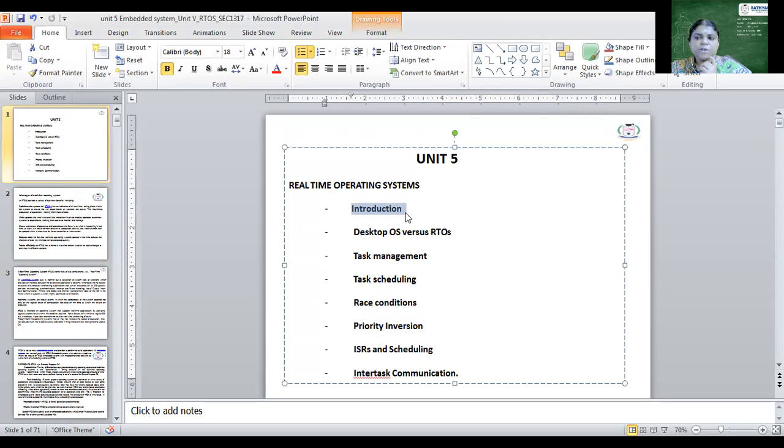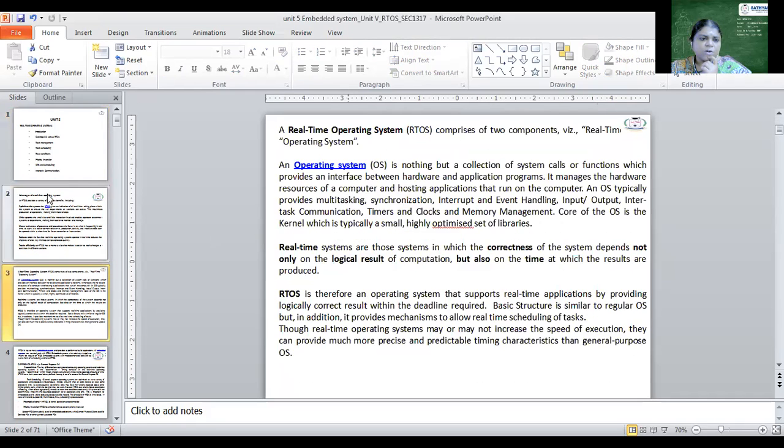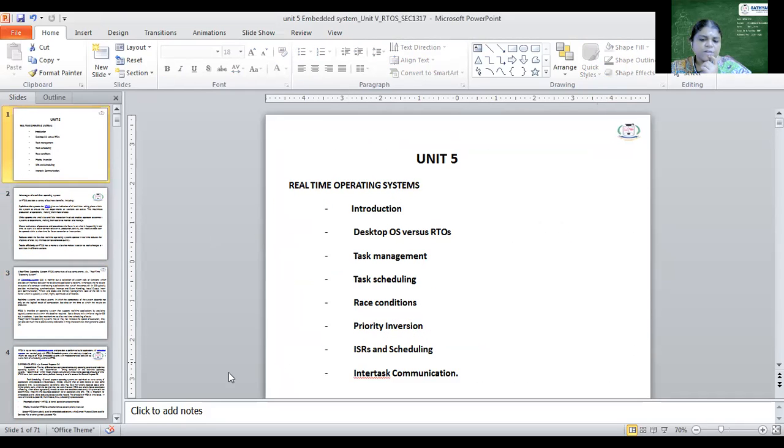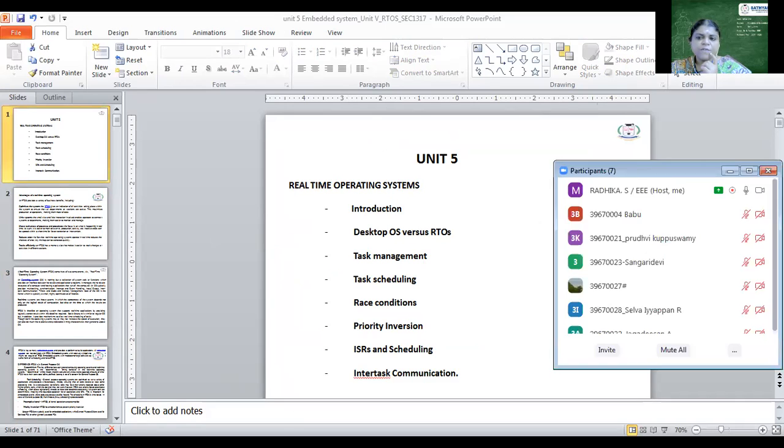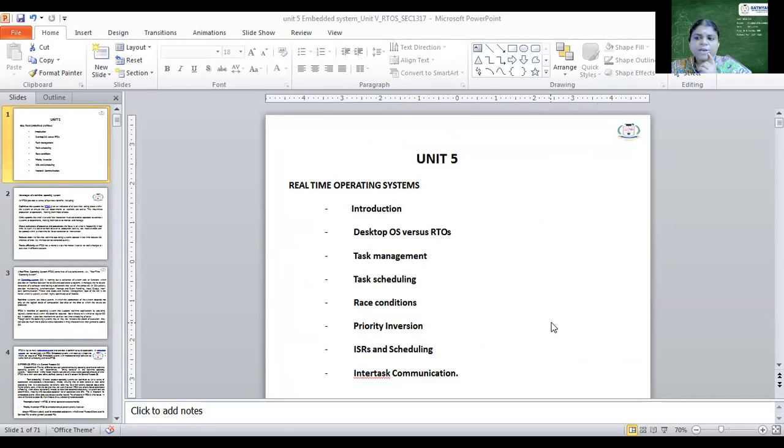Did we start unit 5? I think we completed up to kernel, if I'm not wrong. Do you have the habit of writing notes? Can any of you confirm till which topic we completed?